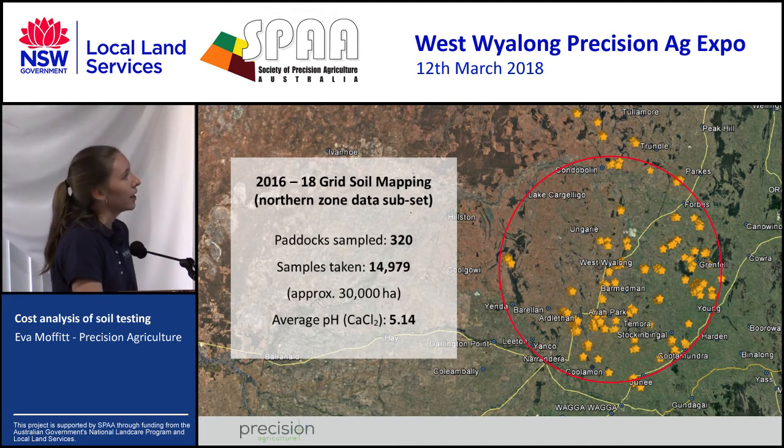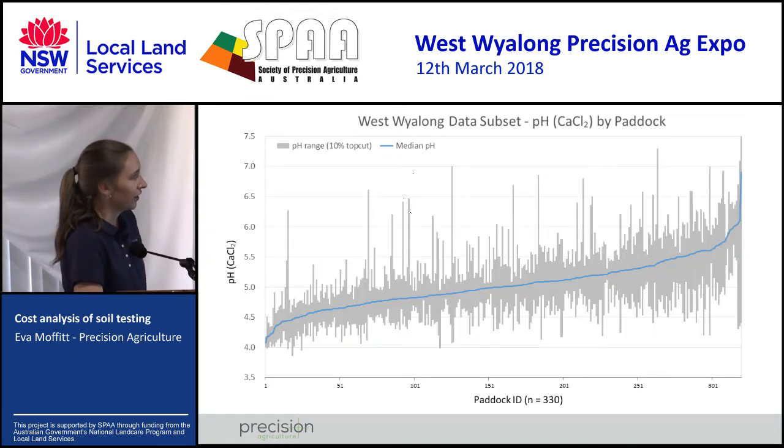So I've got a very busy graph coming up, but I'm going to explain it and hopefully you can catch my drift. Each of those grey bars represents one paddock out of the 320 paddocks. Along the x-axis, we've got 1 through to 320.